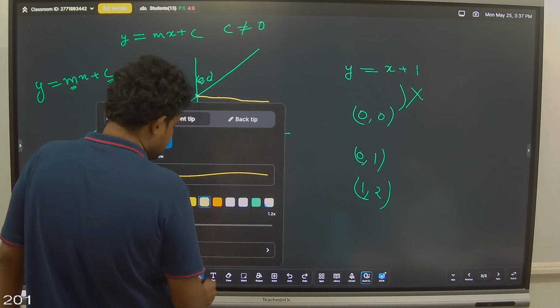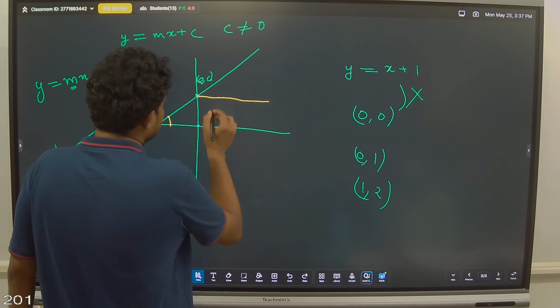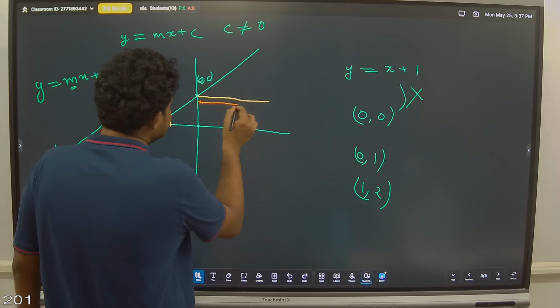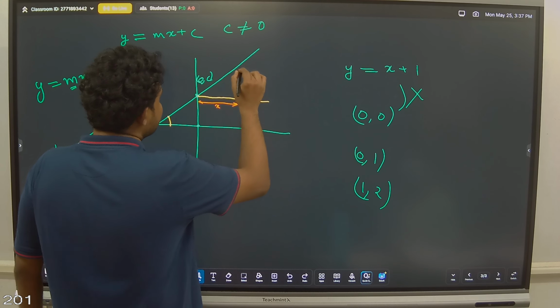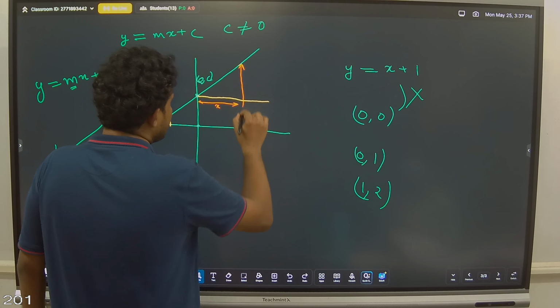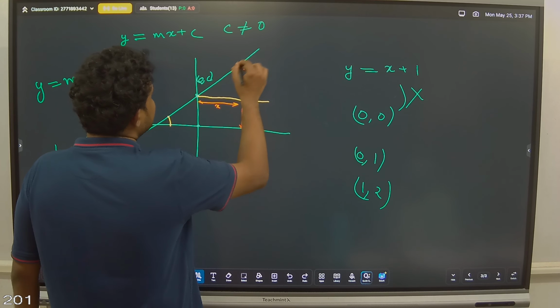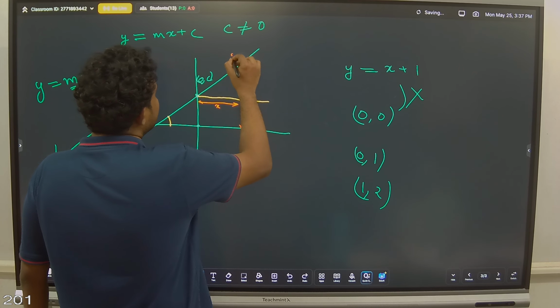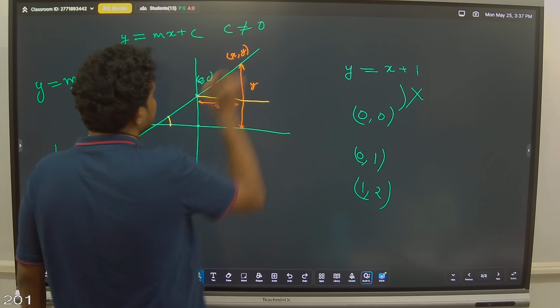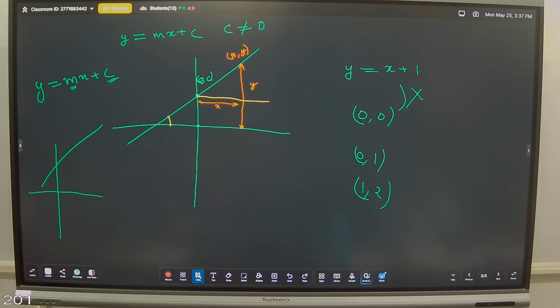Let this distance be x and this distance be y, right? Then the point is of the form x comma y.